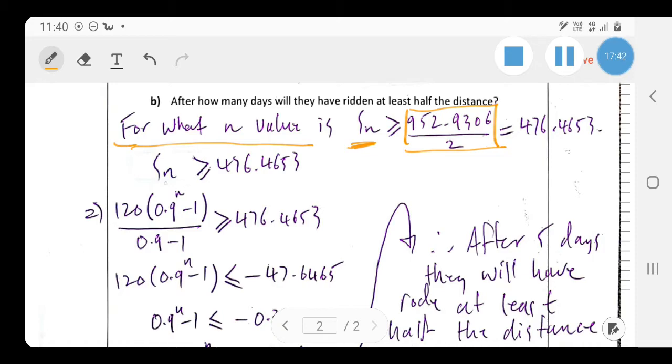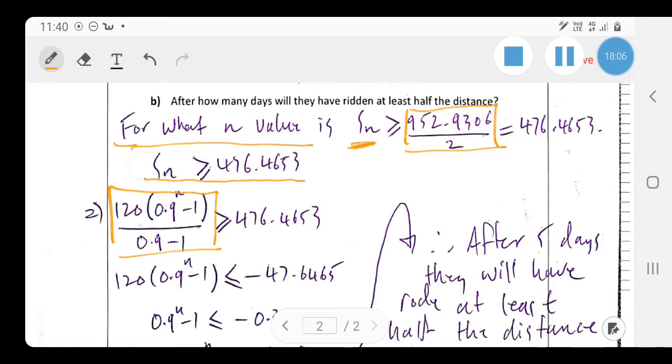All right, so here's what I do. I simply write that the sum of the first n terms needs to be greater than or equal to 476.4653 kilometers. Now I have a formula for Sn. So I replace the left-hand side of that inequality, which is like an equation except with greater than or equal to signs, with this.